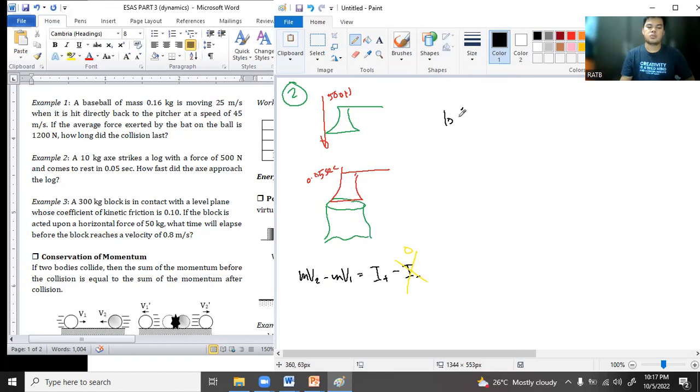Velocity 2 is 0, meaning the final velocity is 0 as the axe is in contact with the log, so the axe is now stationary. So we have here 10, minus 10 multiplied by the initial velocity.